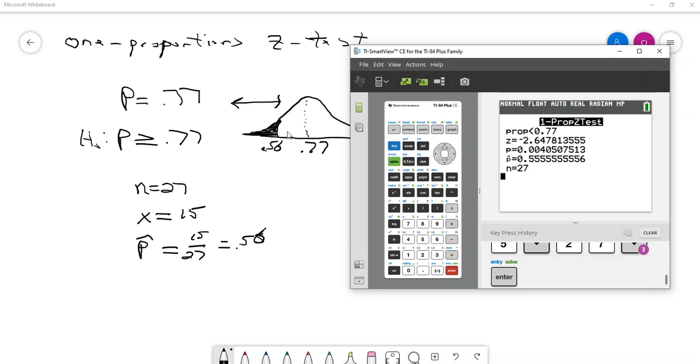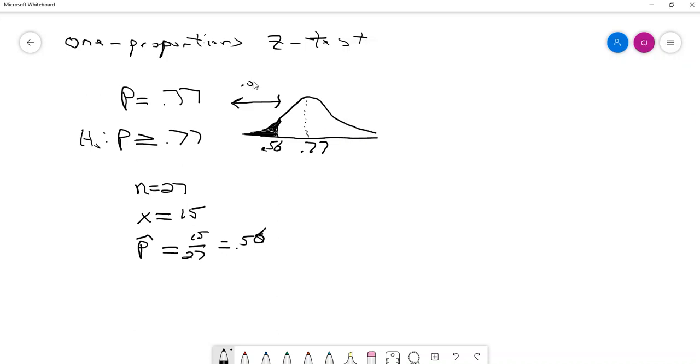We expect our p-value would be small in that case. Well, let's see what we got. 0.004, right? So 0.004 is our p-value. And that's our important number there. That's kind of how we base our decision.